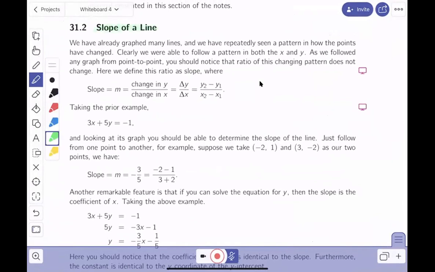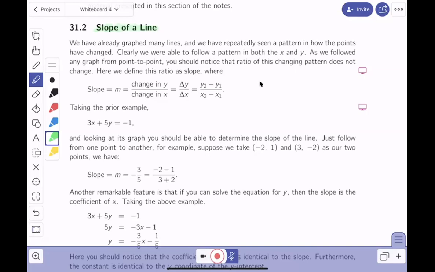We've graphed a lot of lines already, and we've repeatedly seen patterns and how points have changed. And you may remember this. We talked about how the x's were changing, if they were going up or going down, and how the y's were changing. This is really, really important, how those points change on a line.